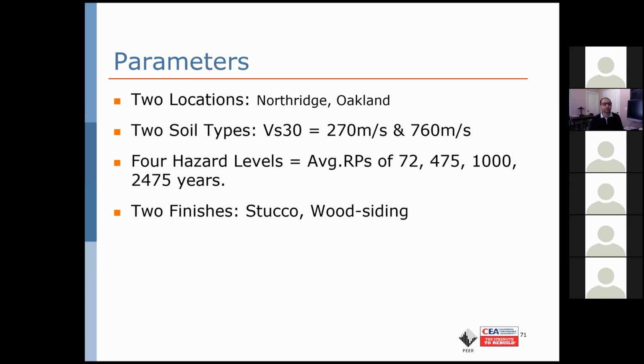So the parameters that we used for developing our loading protocols: we looked at 2 locations, Northridge and Oakland, and 2 types of soil, 270 and 760 meters per second for VS30. We looked into 4 different hazard levels, from ordinary all the way up to the extreme levels: 72, 475, 975, and 2475 years, and 2 types of finishes, stucco and wood siding.